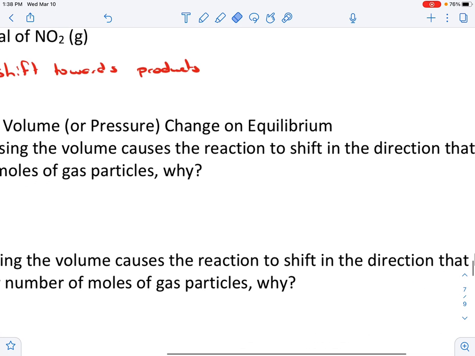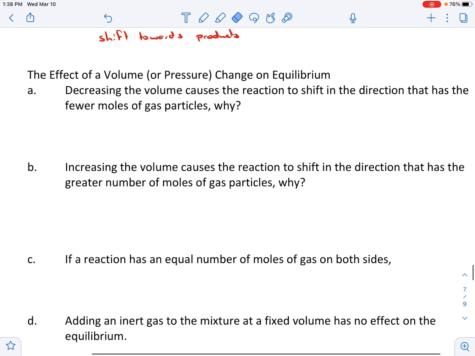Now what happens when we have a volume change? If we decrease the volume, it causes the reaction to shift in the direction that has the fewer moles of gas particles. Why? If we decrease the volume, we're also increasing the pressure.